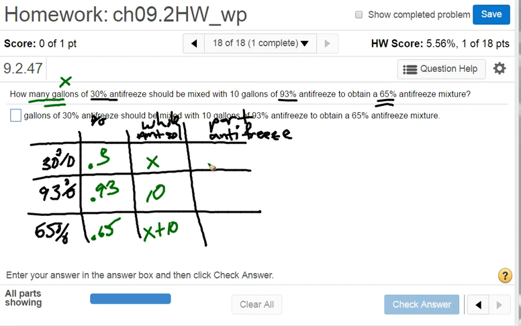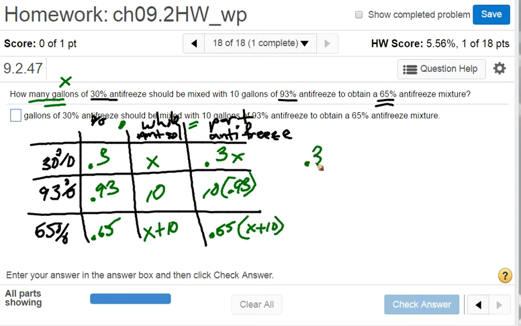So our equation is going to be based on 0.3x, because percent times whole equals the part. 0.3x, I'll have 10 times 0.93. That has to equal 0.65 times x plus 10.